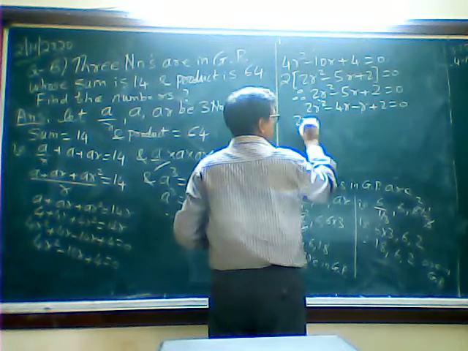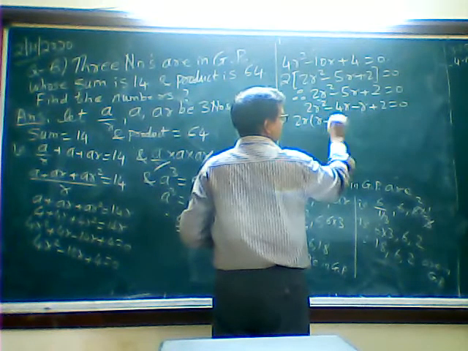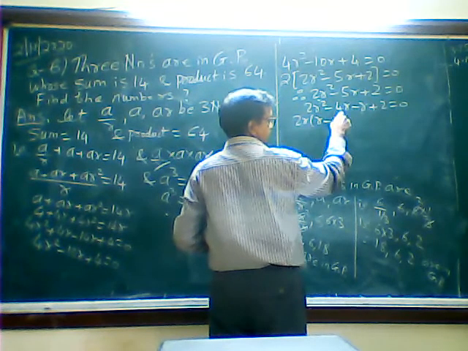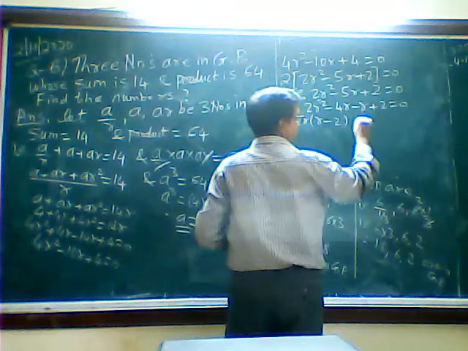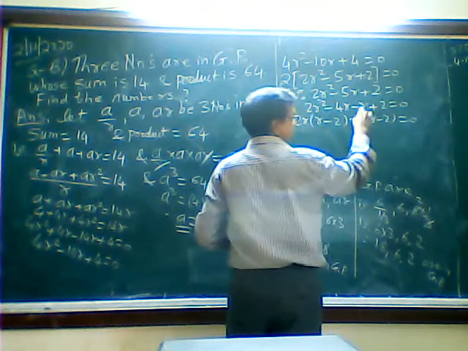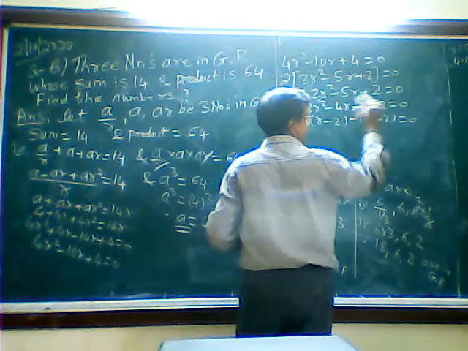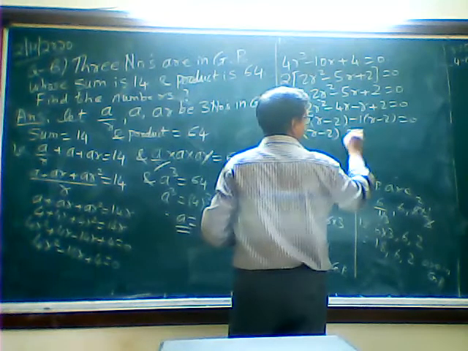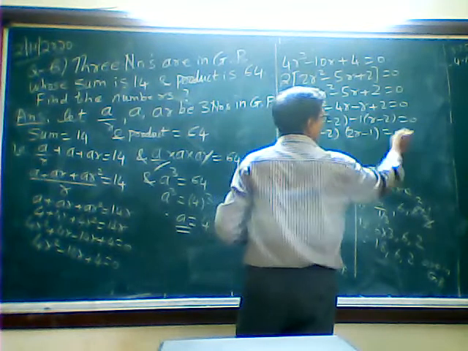So 2r I will take common: 2r into r is 2r square, 2r into minus 2 is minus 4r. In between, I will take minus 1 common: minus 1 into r is minus r, minus 1 into minus 2 is plus 2. So I am getting r minus 2 into 2r minus 1 is equal to 0.